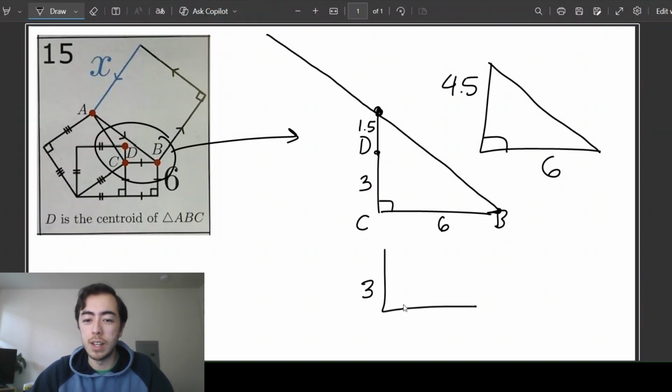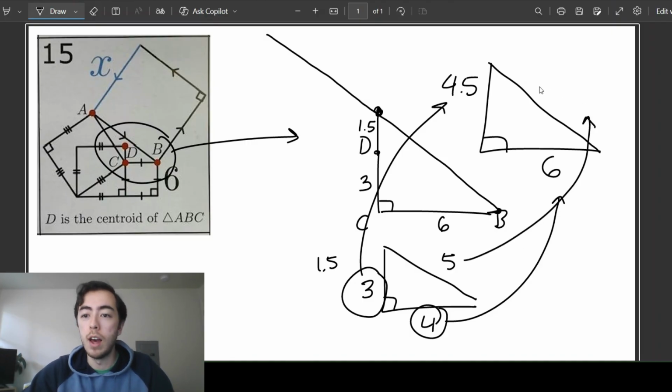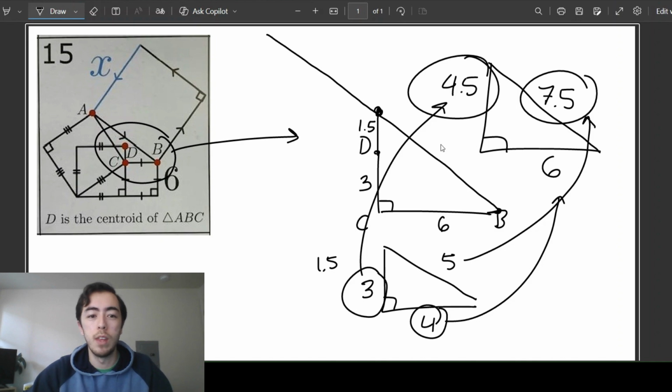So if I multiply 3 by 1.5, I get 4.5. If I multiply 4 by 1.5, I get 6. And if I multiply 5 by that same scale factor, 1.5, I'll get 7.5. I could have found this distance by doing the Pythagorean theorem, but I'd rather not work with decimals that way. And here, we're essentially done.